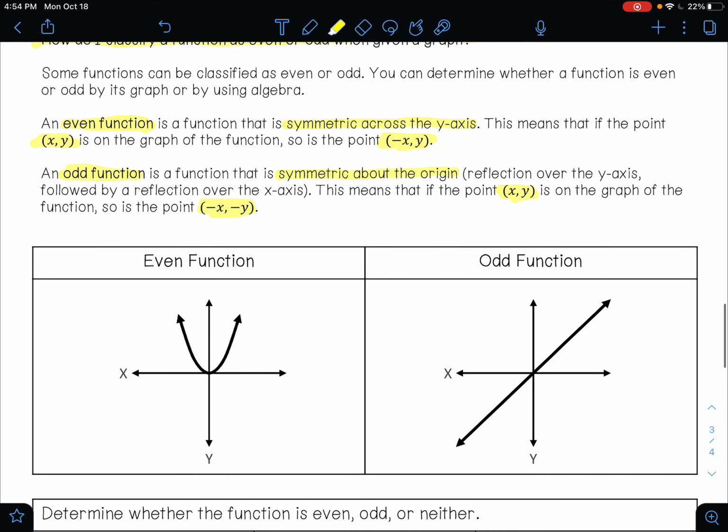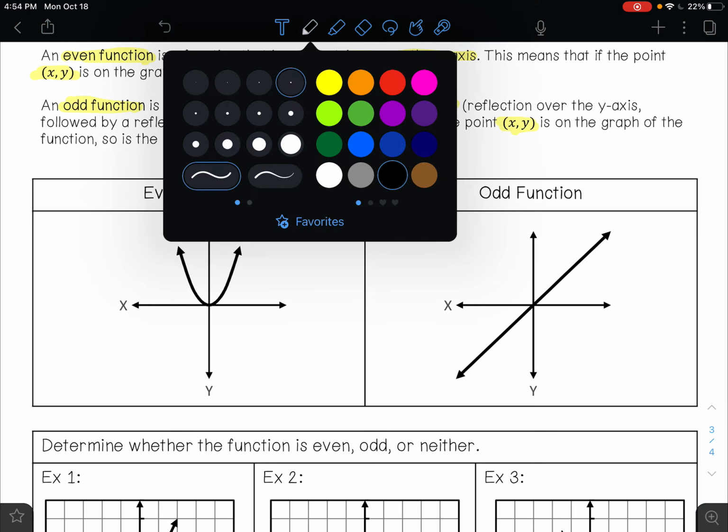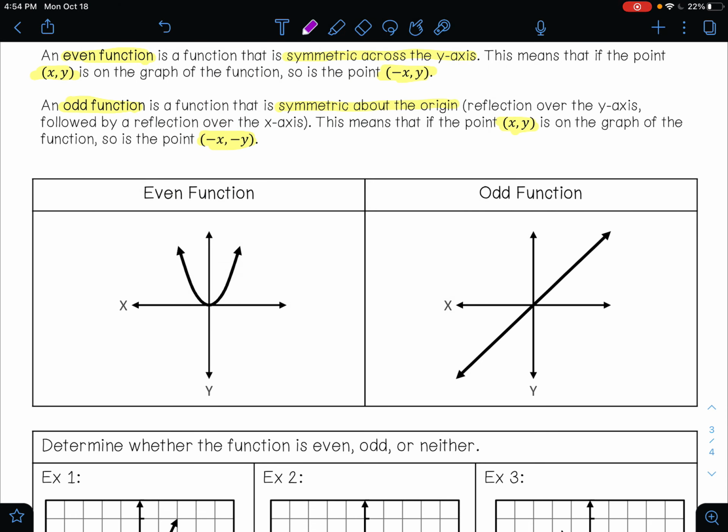So down here we have some examples of even and odd functions. Let's say that this is the point (x, y). Then this point over here is the point (-x, y), making it even.